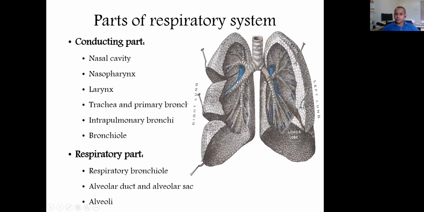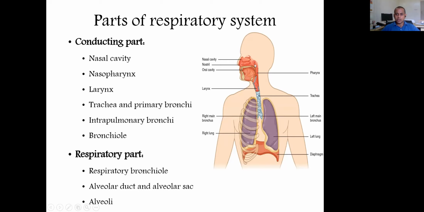The pharynx has parts called the nasopharynx, which is behind the nasal cavity, the oropharynx, which is behind the oral cavity, and the laryngopharynx, which is behind the laryngeal cavity.